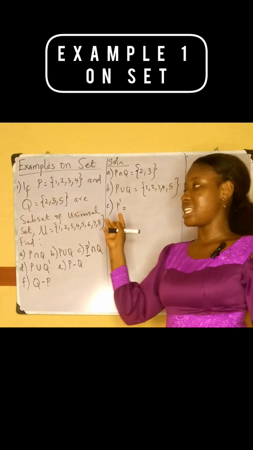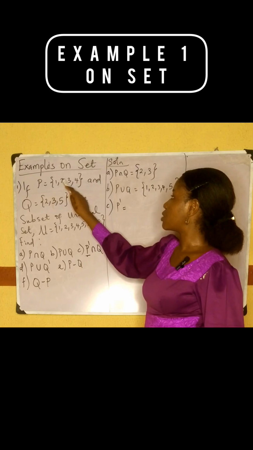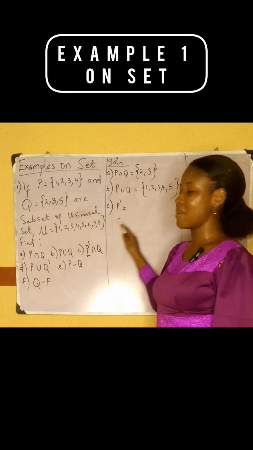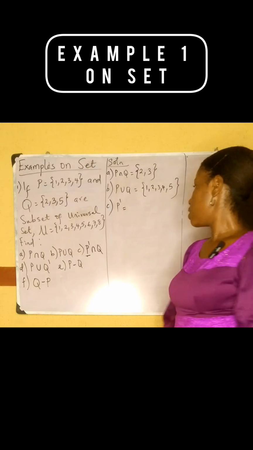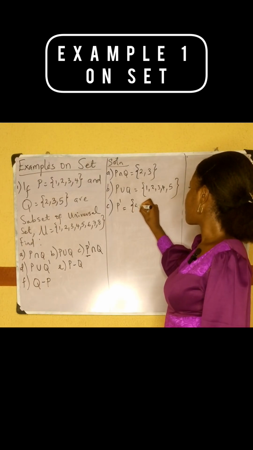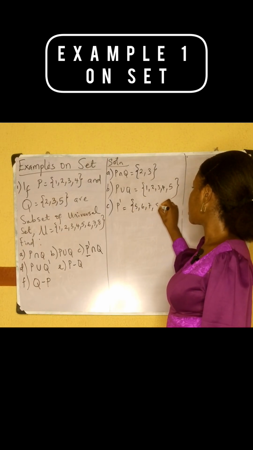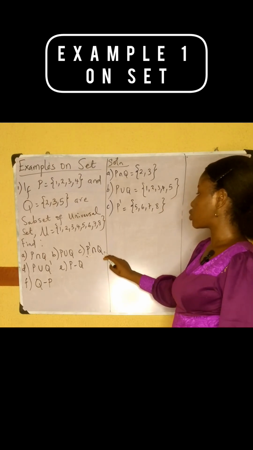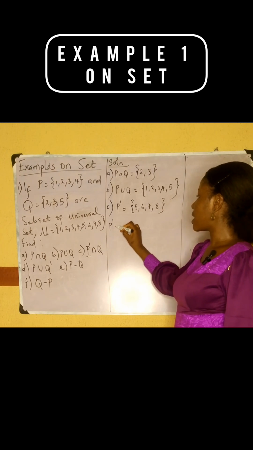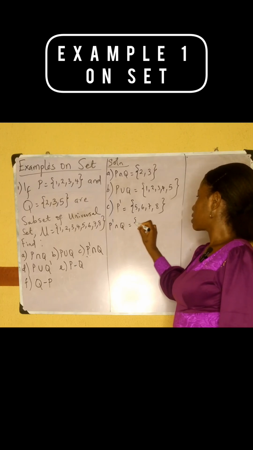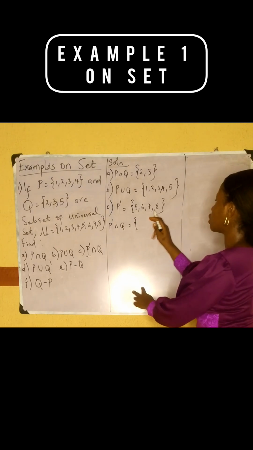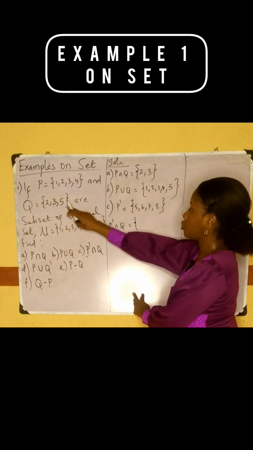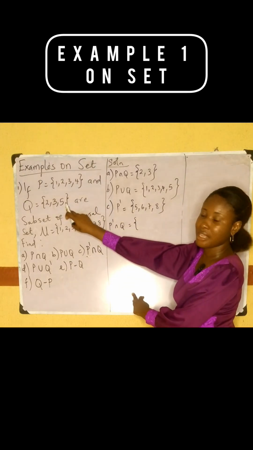So can we think of those elements? In P we have 1, 2, 3, 4. If I exclude these, the other elements are my P prime. So that's going to be 5, 6, 7, 8. This is my P prime. Now I can go straight to get P prime intersect Q, considering your P complement and your Q. See our Q, 2, 3, 5.